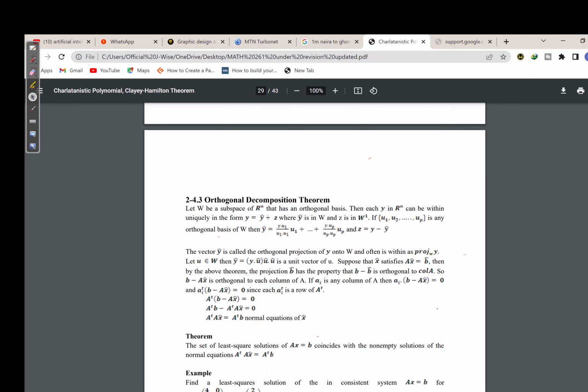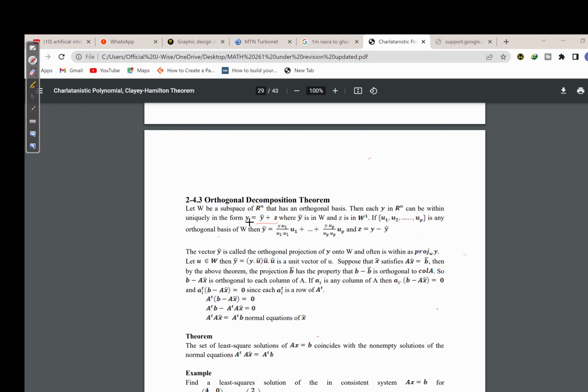One is the projection onto u and the other is orthogonal to u. In other words, you can express y as y hat plus z, where y hat is the orthogonal projection of y onto u, and z is the component of y orthogonal to u.